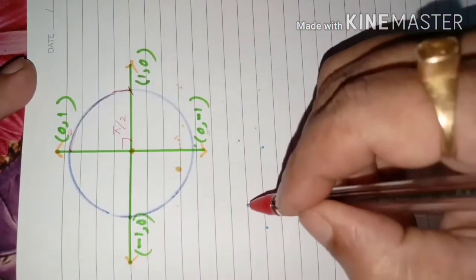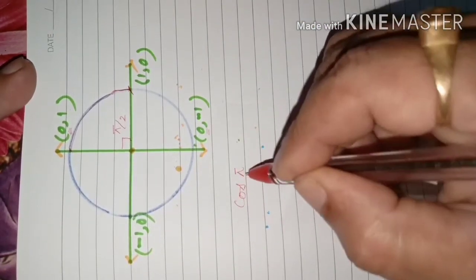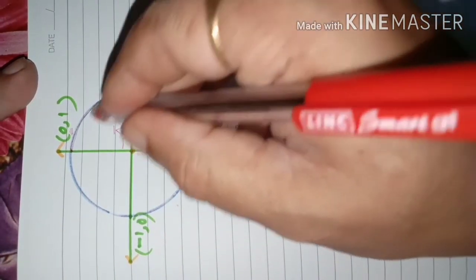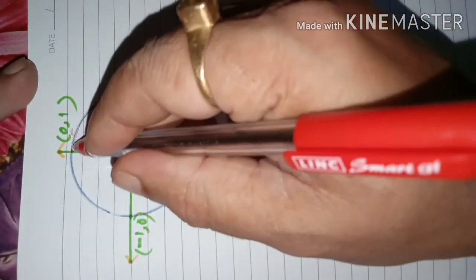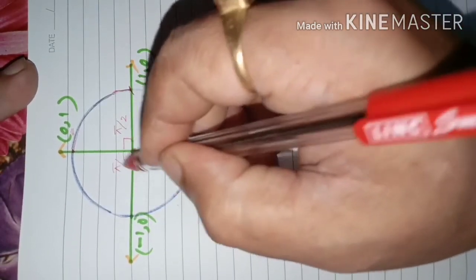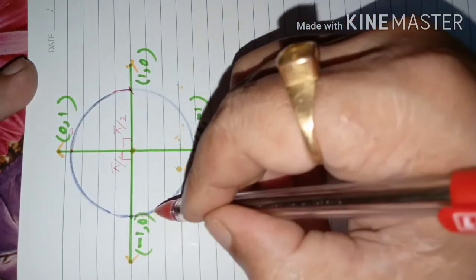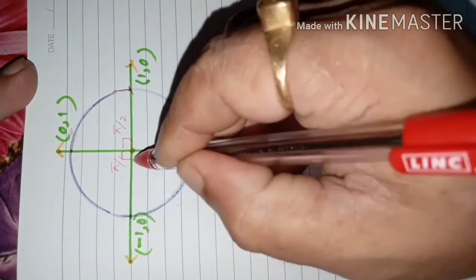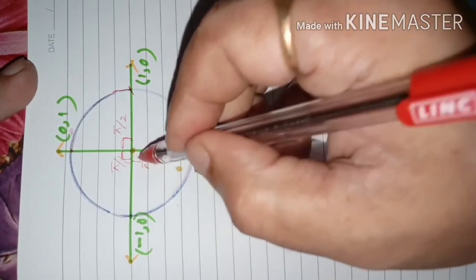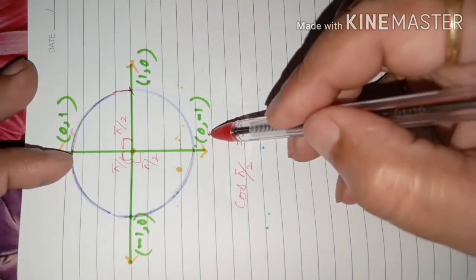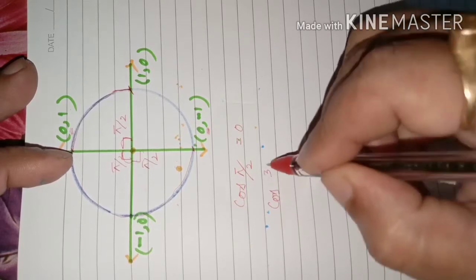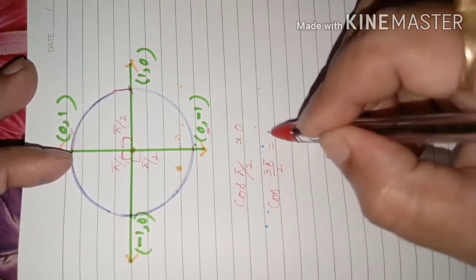So cos of pi/2 is 0. Again, suppose the arc is extended up to this level, then another pi/2 angle is formed, and extended up to this point, then one more pi/2 angle is formed. How many pi/2? 1, 2, 3. Again for 3 pi/2 the cos value is 0. So cos 3 pi/2 is again 0.